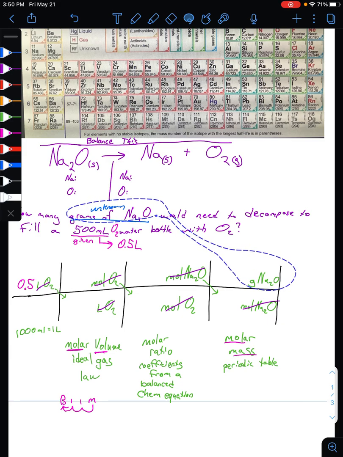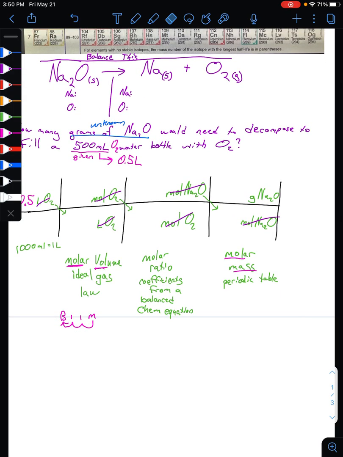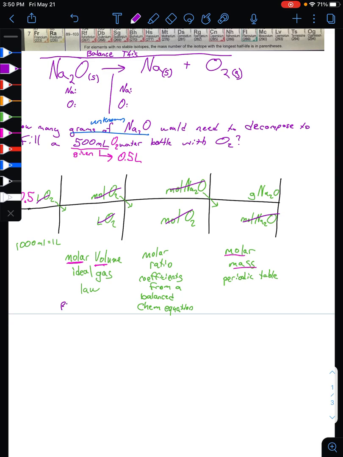Now, let's be careful and calculate each of these. Molar volume, that's our first one to tackle. Molar volumes require the ideal gas laws. It says there, and the ideal gas law is PV equals nRT.